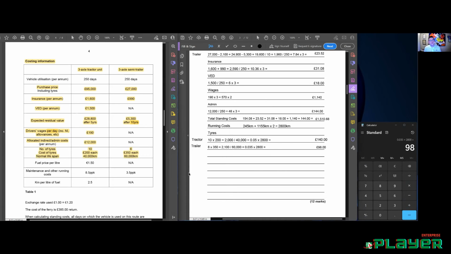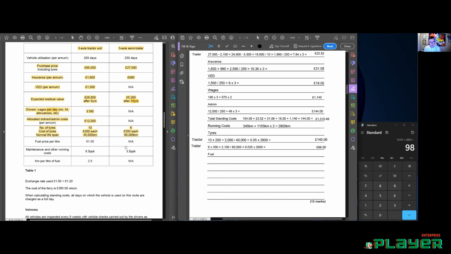Next thing it gives me for a running cost is fuel. Hopefully I'm not going to run out of space on this page. Fuel. Now here's the other tricky bit. It gives me the fuel in euros rather than in pounds. So because everything else is in pounds, I'm going to try and work out my fuel price in pounds rather than euros.